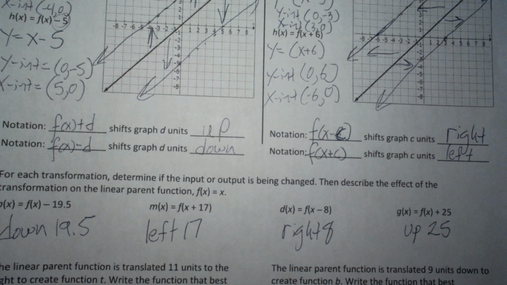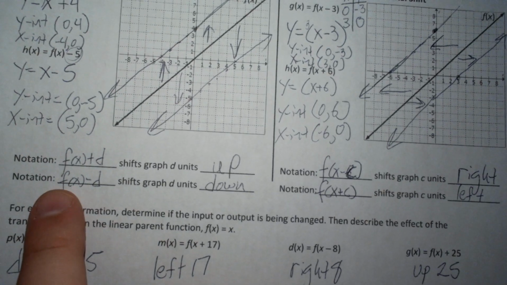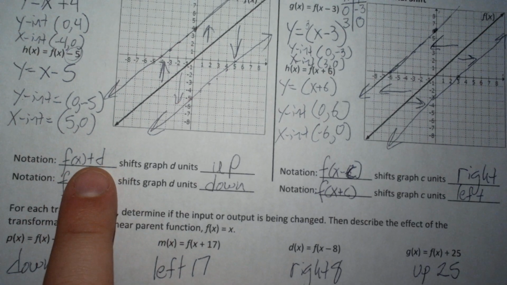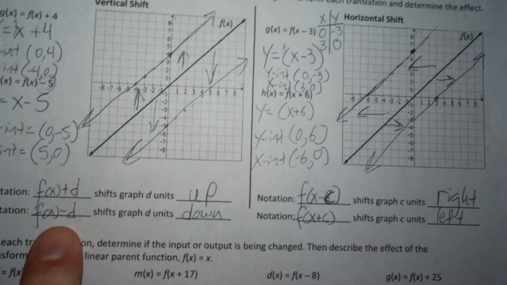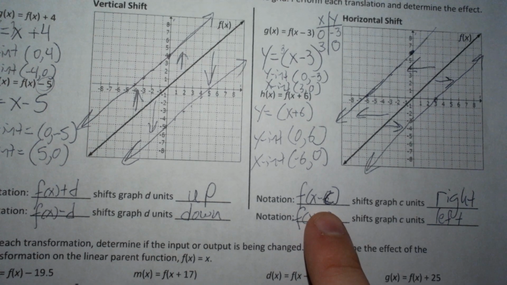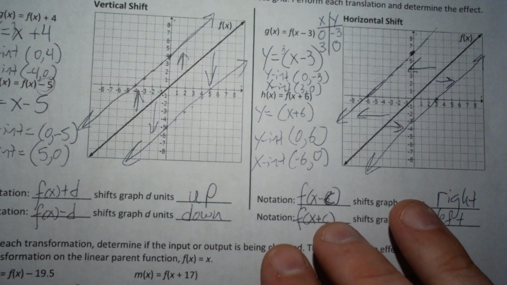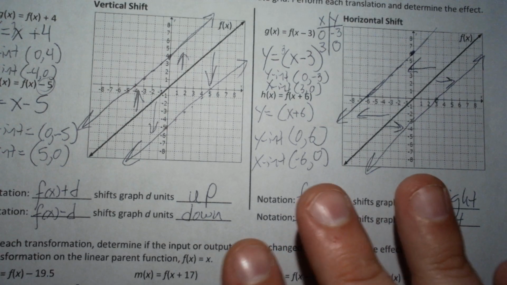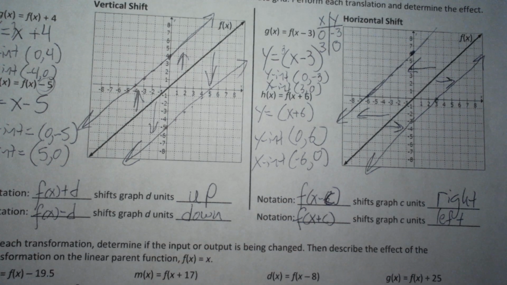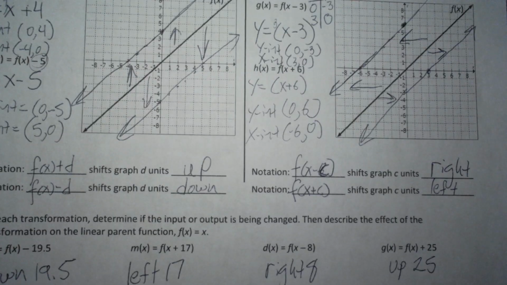As you go further along in math, knowing what a parent function is and knowing this format of adding something to the end moves it up and down, adding something inside with the x moves it right and left. Knowing that is going to unlock so many things for you, is going to make a lot of what happens in math easier for you from a graphing standpoint if we can understand how those transformations work.